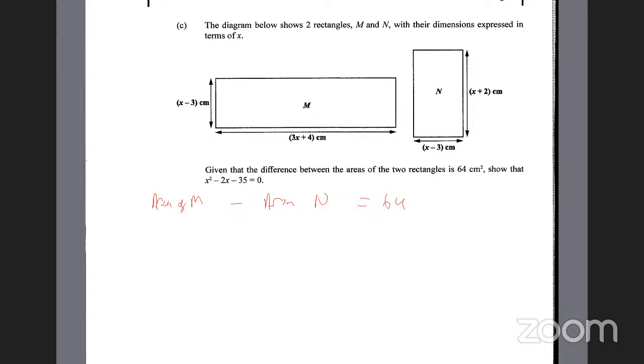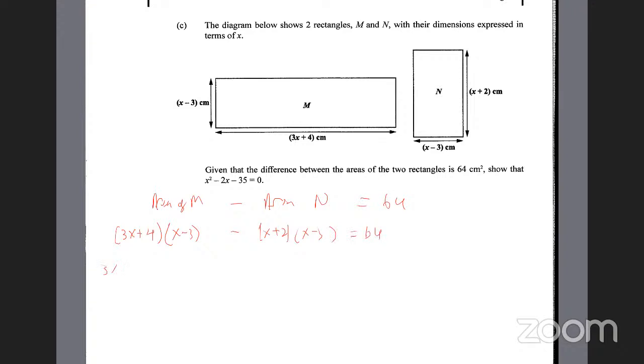So how you get area? You're going to multiply the length by the width. That's for M, and you're going to multiply the same thing for N. That'll be x plus 2 by x minus 3. You have to make sure and expand it out properly.